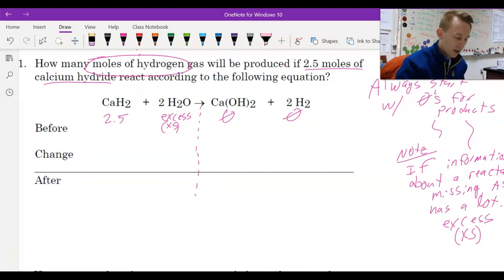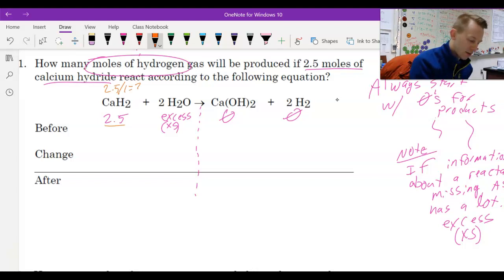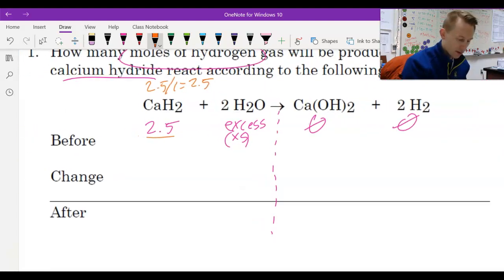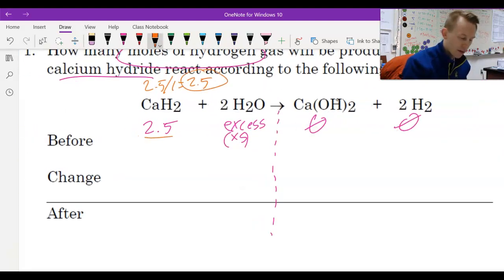Now we have to figure out how to do our change row. The way we do that is we take our information and divide it by the coefficient. In this case 2.5 divided by 1 equals 2.5. Then we take 2.5 and multiply it by each of the coefficients.